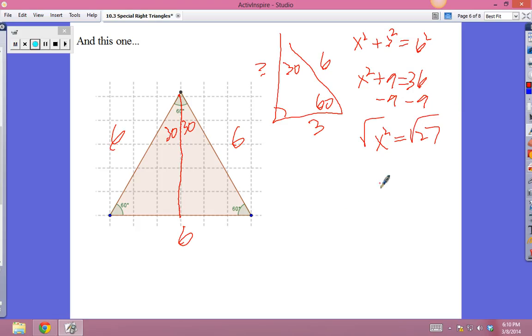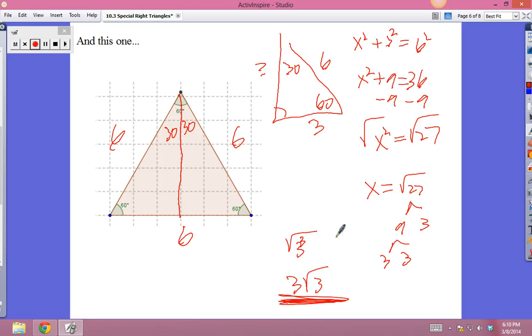And then x is going to equal square root of 27. But 27 probably has some squares in it. That's 9 times 3. That's 3 times 3. So the square root of 27 is the same thing as the square root of 3 cubed. So a 3 is going to come out, and a 3 is going to stay in. 3 square roots of 3 is going to be how tall that is, the altitude.